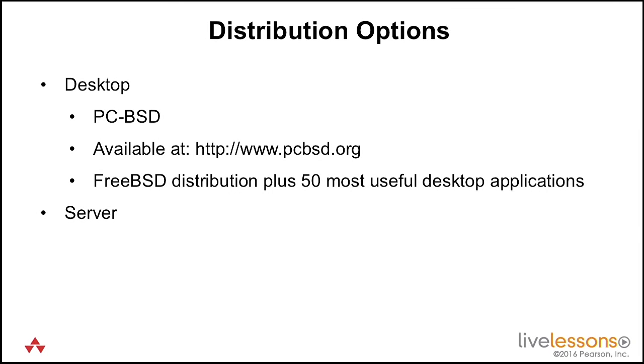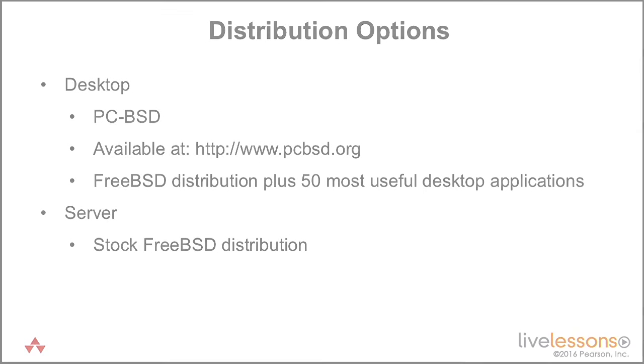The other, of course, is server, and this is typically where you are going to either want to run FreeBSD in a cloud instance, in which case you're going to want to grab one of the packages that's designed for doing that, or you want to run it on bare metal. And in this case, you probably will want to run the stock FreeBSD distribution.